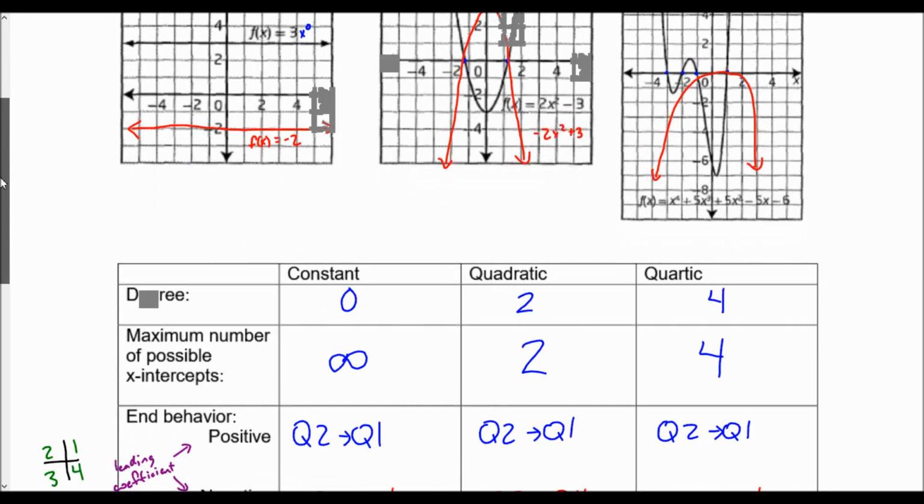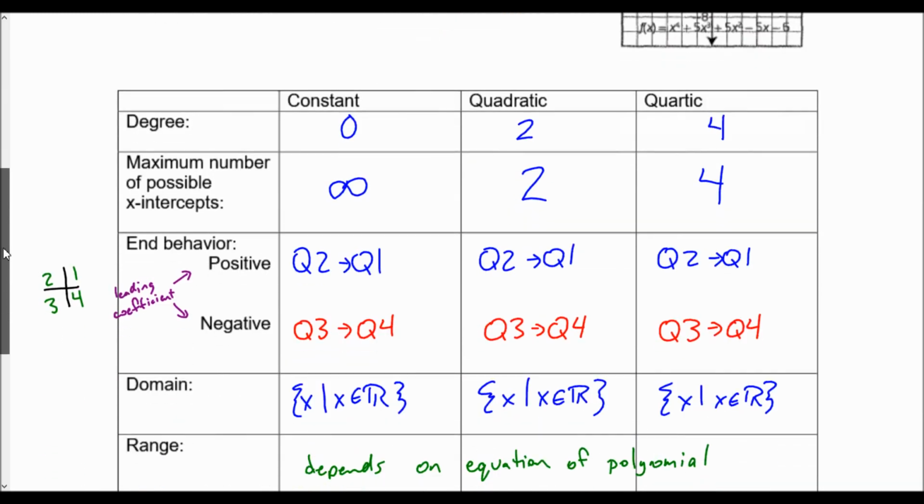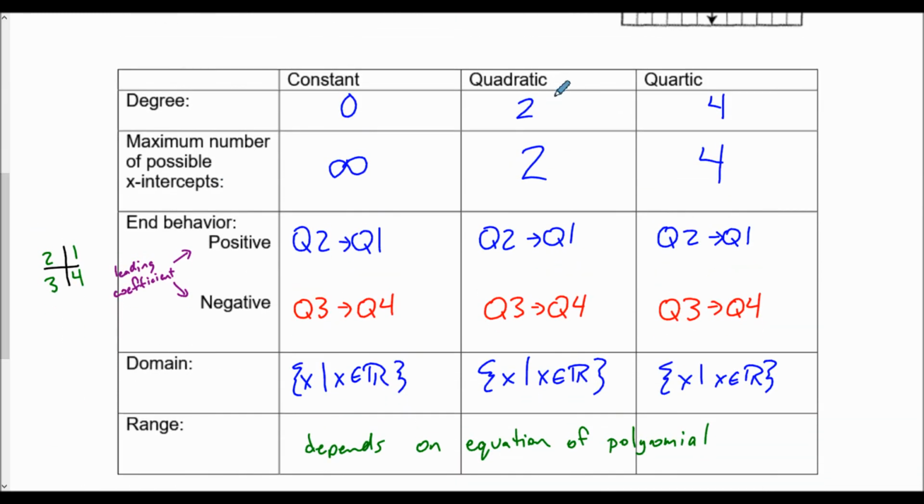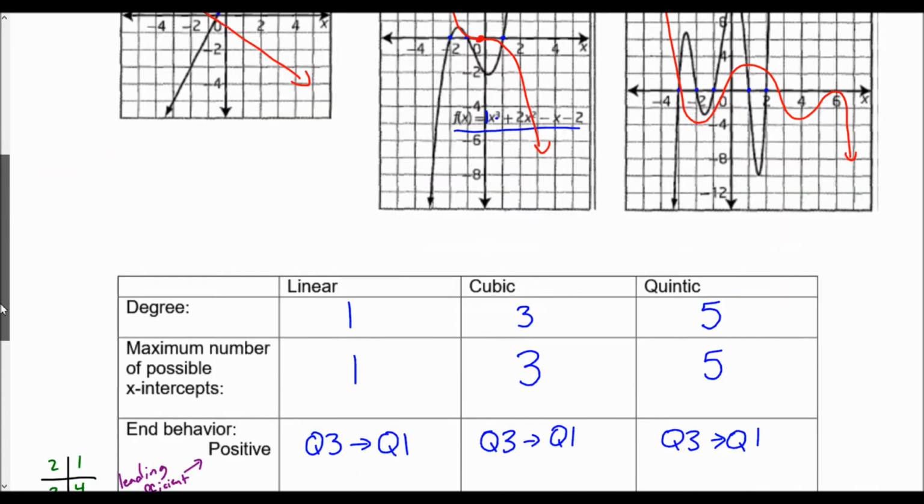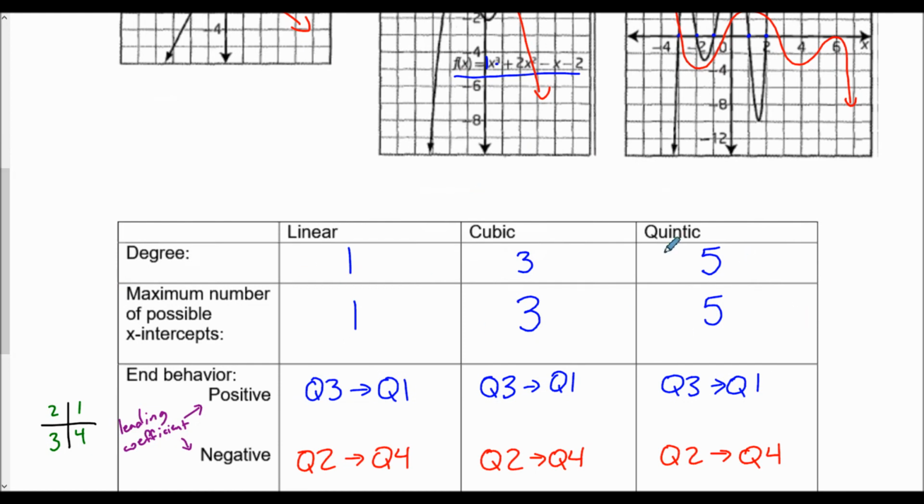And there's special characteristics for their end behavior. Now you can say that even powers are going to have an even amount of possible x-intercepts. Or in the case of a constant, technically an infinite amount. The odds have a maximum number of x-intercepts according to their degree. Linear is 1, cubic 3, quintic 5.